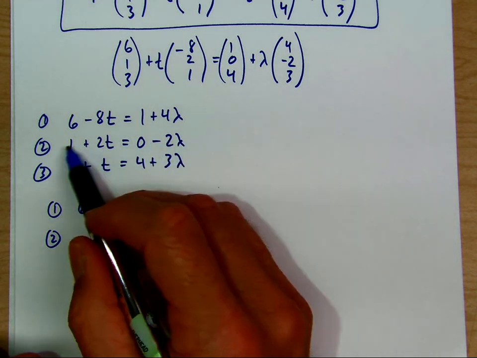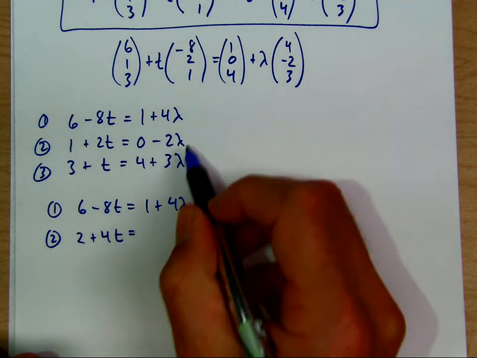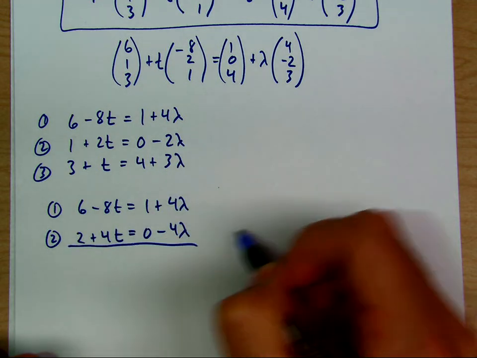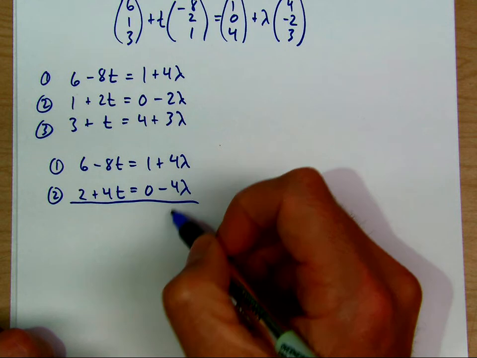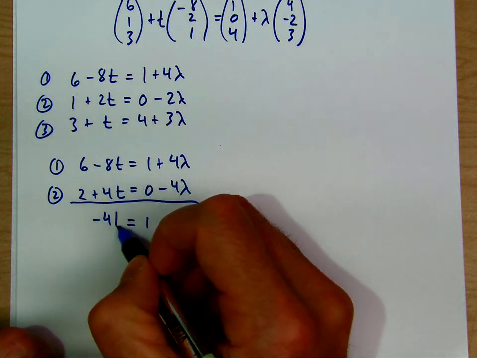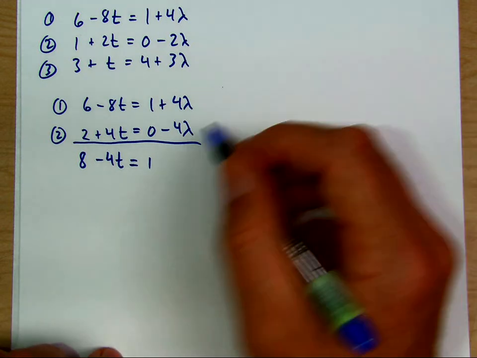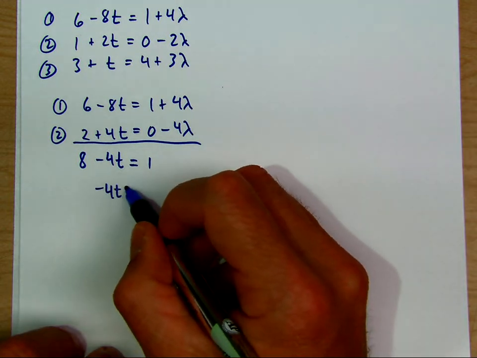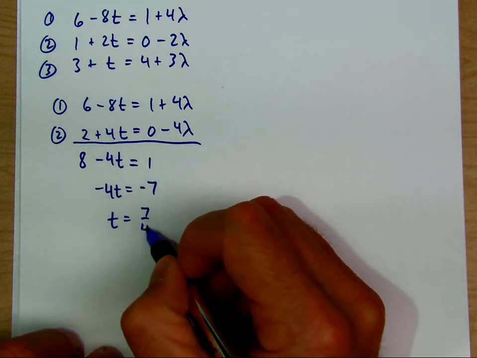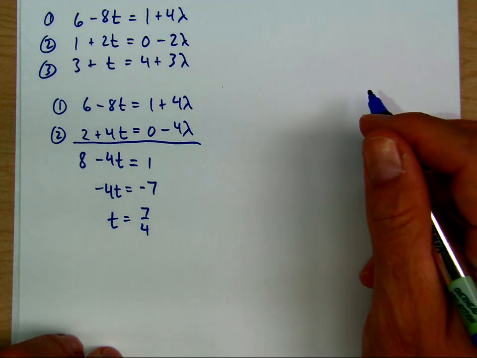So there'll be a 2 and a 4, and then 0 - 4 lambda. We add and we get 1, this will be -4t and 8. All right, t equals 7/4.